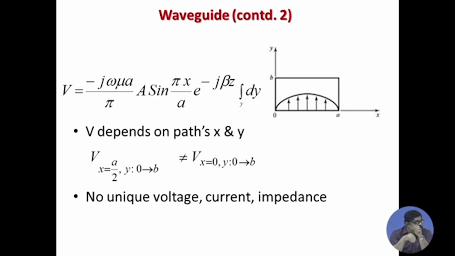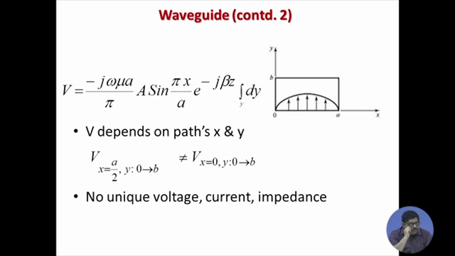At the middle, if we take the integration of y from y is equal to 0 to the top wall y is equal to b, we will get some value of that line integral, and that obviously is not equal to the value if we do it at, let us say, x is equal to 0, that means on the narrow wall. So, unique voltage, current, impedance, these are not defined in case of a single transmission line.